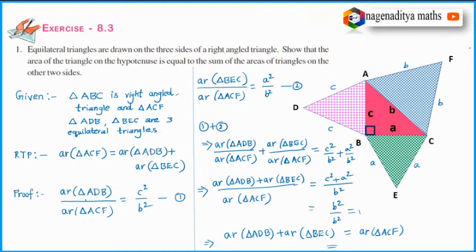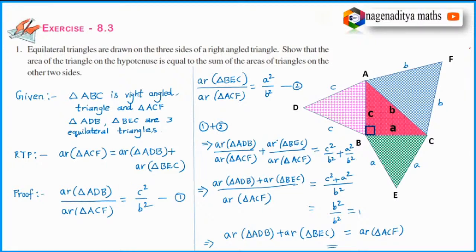So to prove this, I take the ratio of areas of triangle ADB and triangle ACF. We know from the previous theorem which we learned yesterday that if two triangles are similar, then the ratio of their areas is equal to the ratio of the squares of corresponding sides.